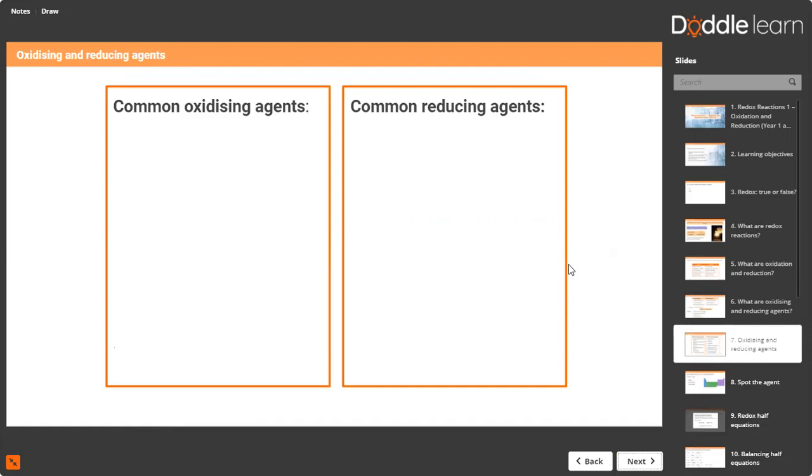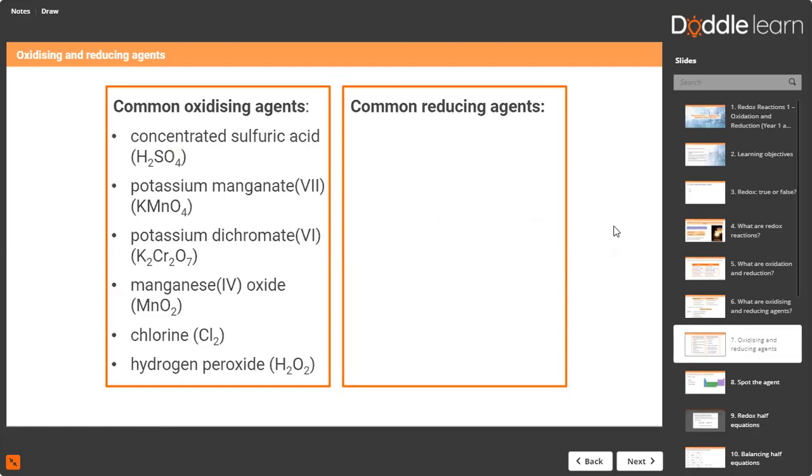So, common oxidizing agents and common reducing agents. These are some that come up quite regularly. They're quite good to learn and be familiar with because they're the typical examples that you'll get on exam questions. Common oxidizing agents that you will become familiar with are concentrated sulfuric acid, which is H2SO4.